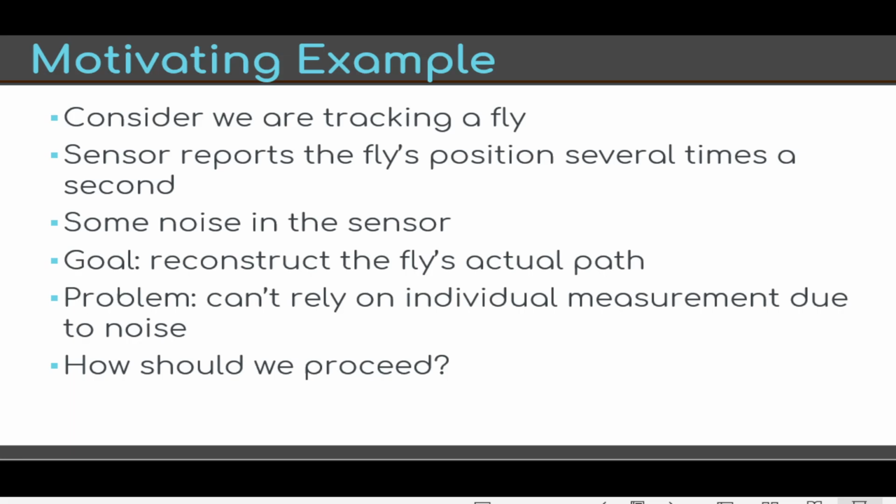All right, so consider that you want to track a fly. And you simply have a camera that's taking bits of sensory data. A frame is getting all the RGB values from photons coming into sensors, putting that on one frame.